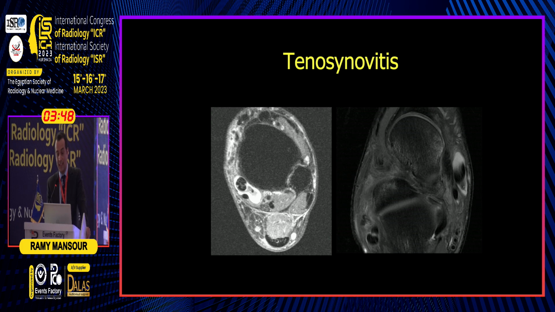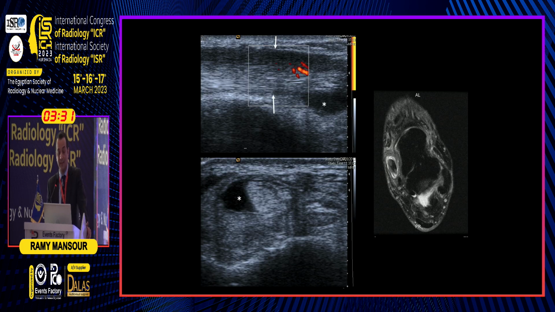What we can see on MRI, as with any tenosynovitis in our body, is thickening of the tenosynovium with fluid, and thickening of the tendon itself. So there is no specific characteristic of tendinopathy of the posterior tibial tendon in this area. Same thing in ultrasound: you see thickening and fluid around the tendon, a typical appearance of tenosynovitis.